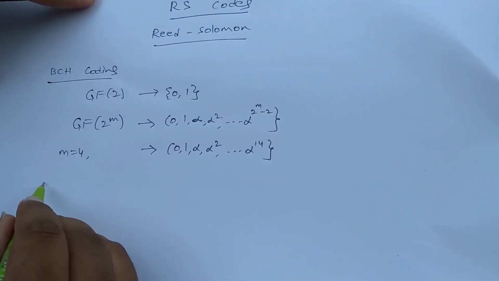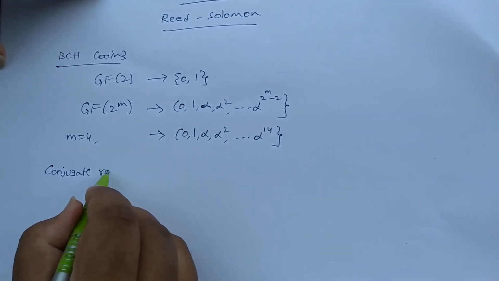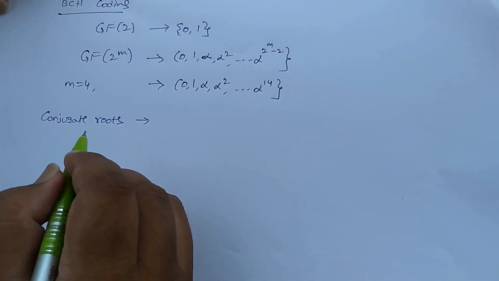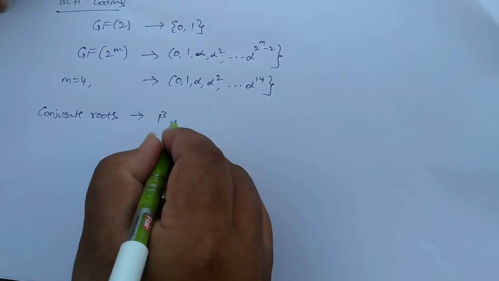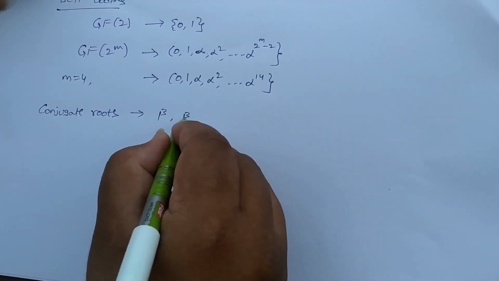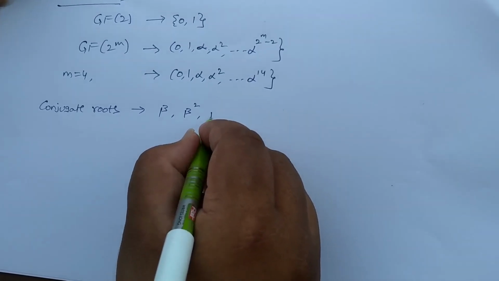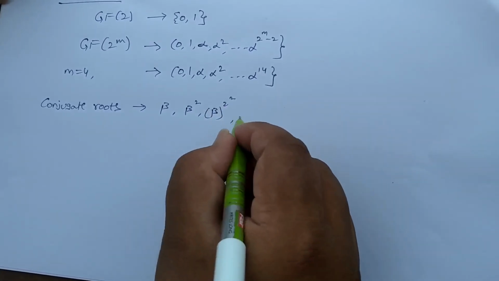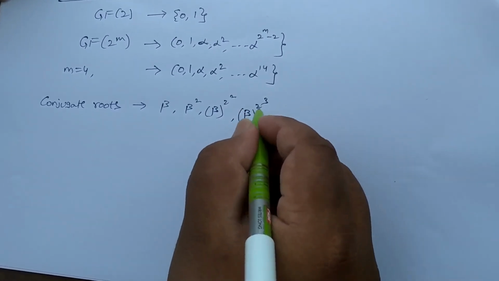Now for BCH coding, conjugate roots. This notation is required for finding the minimum polynomial, and the conjugate roots are beta square, because 2 is the base element. After that, beta 2 square, which is nothing but beta power 4, and beta 2 cube, which is beta power 8.